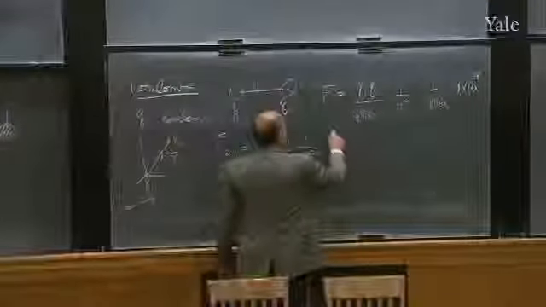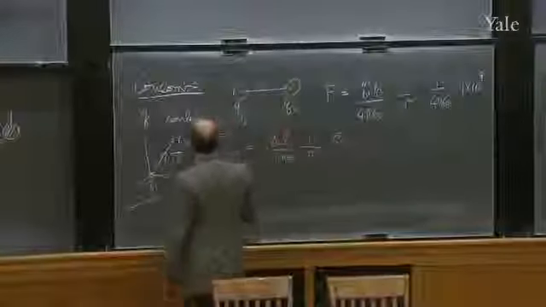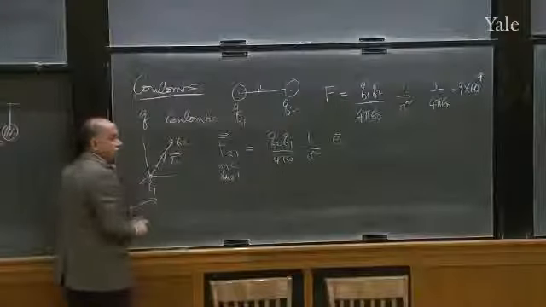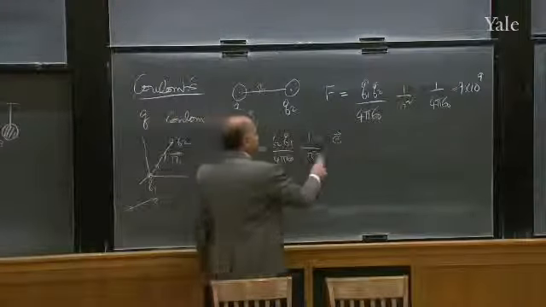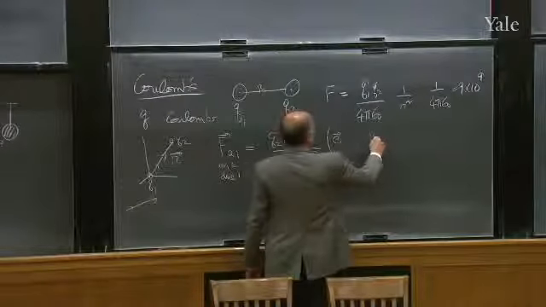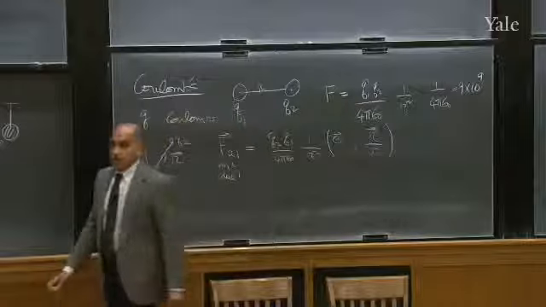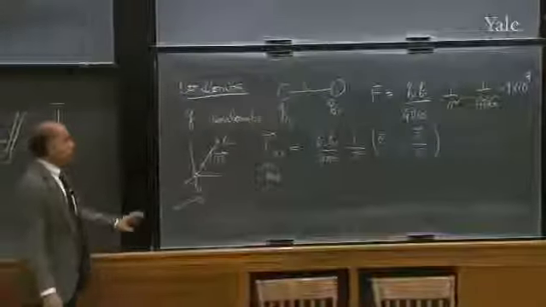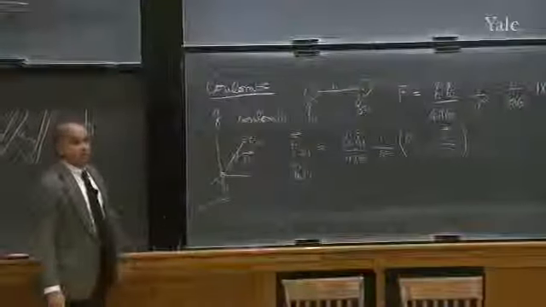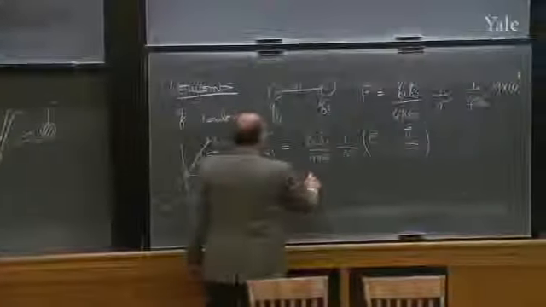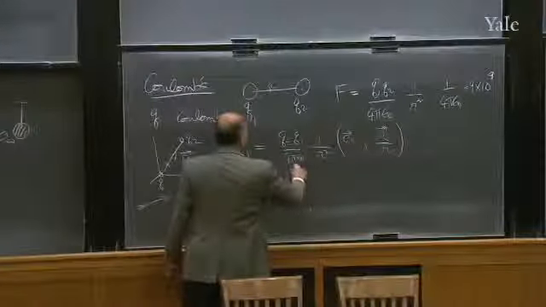One is to say e sub r. e sub r is a standard name for a vector of length 1 in the direction of r. But I'll give you another choice. You can also write it as r divided by the length of r. That also will be a vector of unit length parallel to r. So there are many ways to write the thing that makes it a vector. And F21 is minus F12.